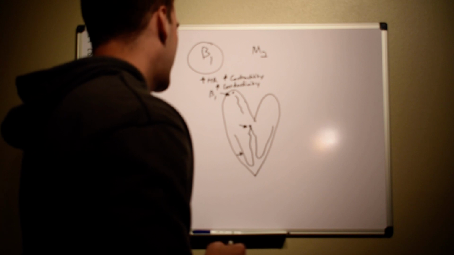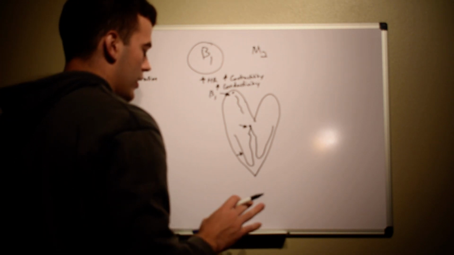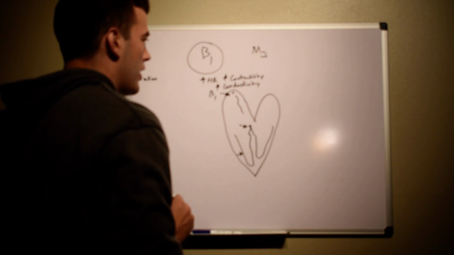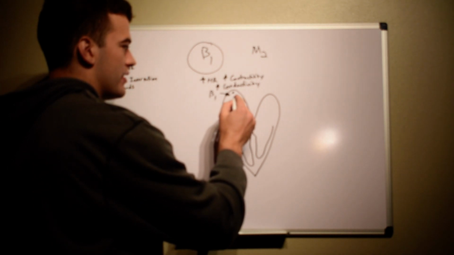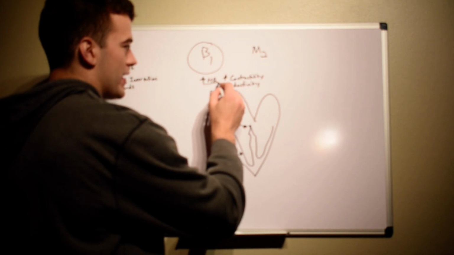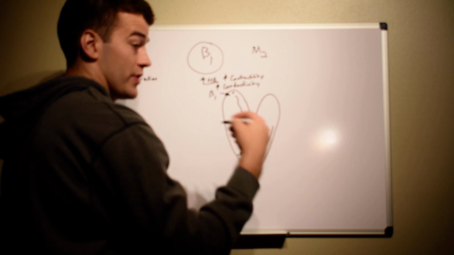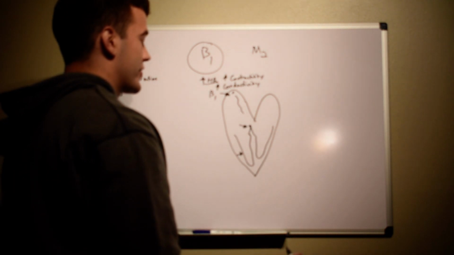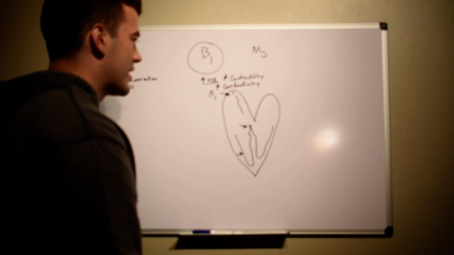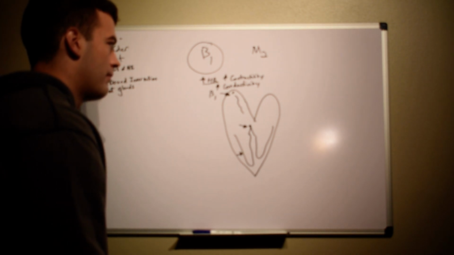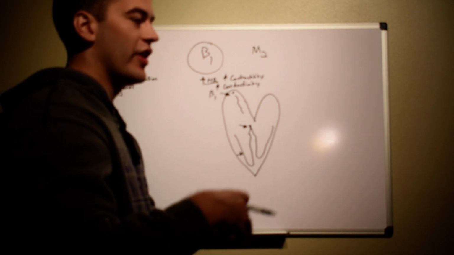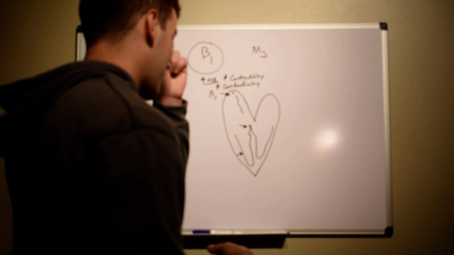The way it does that is it acts on the electrical system of our heart to tell it to increase our heart rate, because the electrical system controls our tempo in our heart. It's also going to increase contractility because it's going to allow the heart to fill up more in between contractions.